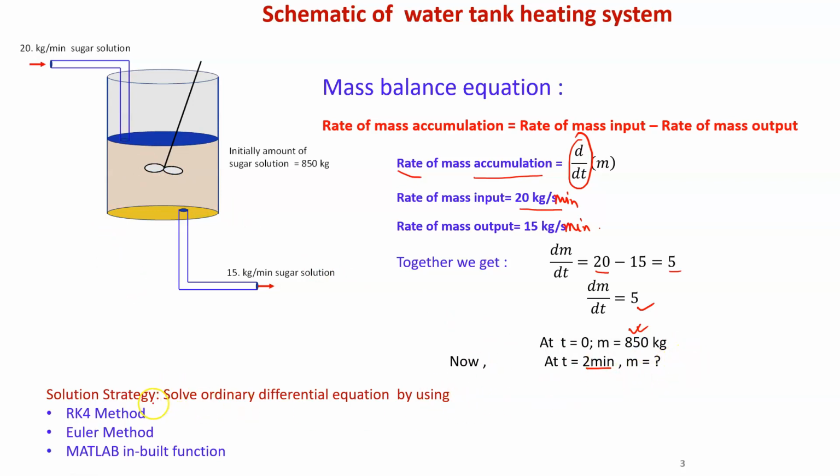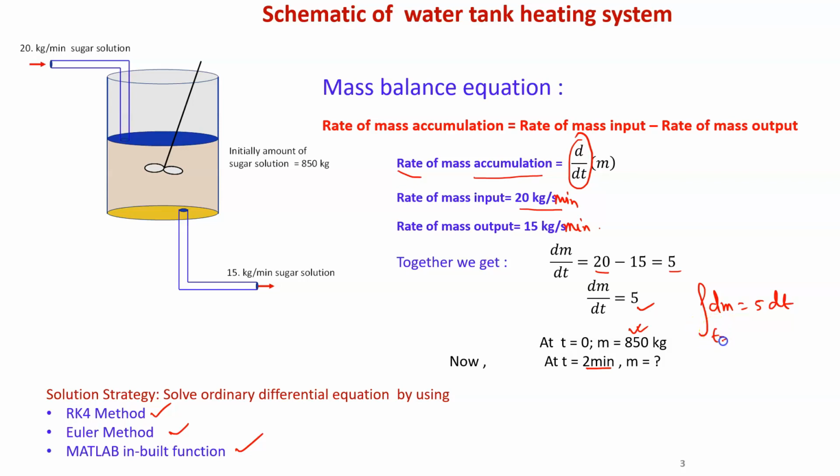And the solution strategy: solve the ordinary differential equation by using the RK4 method, Euler method and MATLAB inbuilt function. Also this very simple ODE we can solve analytically. So if we do the analytical solution, dm by dt is equal to 5. Now dm is equal to 5 dt, and then we have to do the integration.